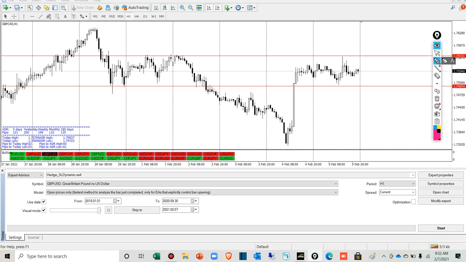It's like when I put a buy here, 0.01 lot, and then the market goes against me, it went down, I have a hedge of sell at 0.02 here. Now it goes back, I have 0.04 here, and so on and so forth.